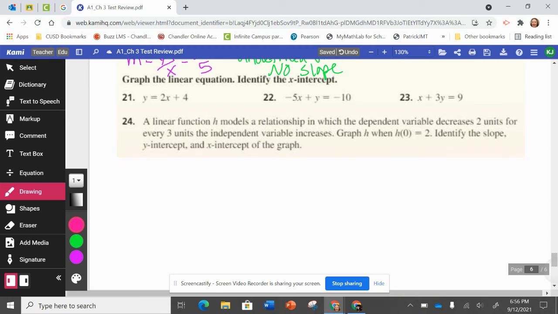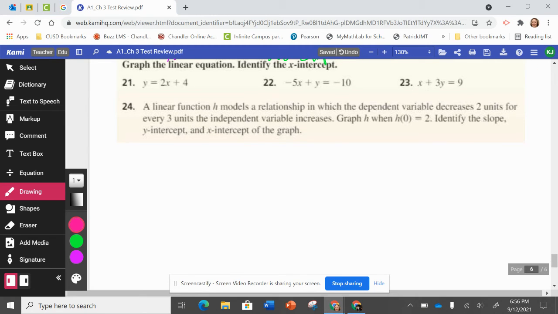All right. Still graphing our equations. Number 21 is already in slope-intercept form. My slope is 2, or 2 over 1, and my y-intercept here is 4. And again, I know that because the y is alone.